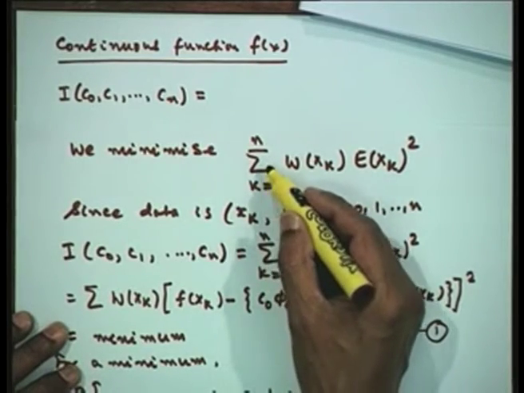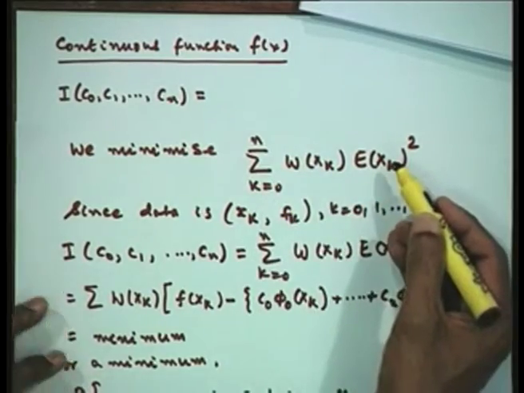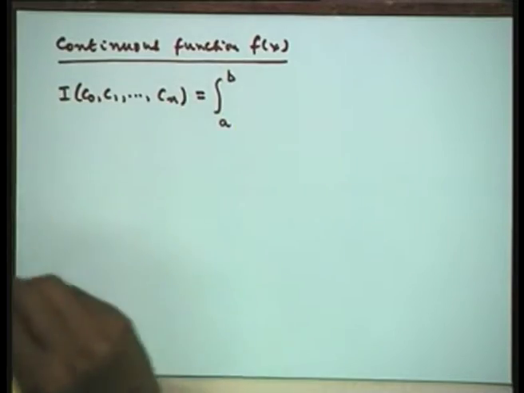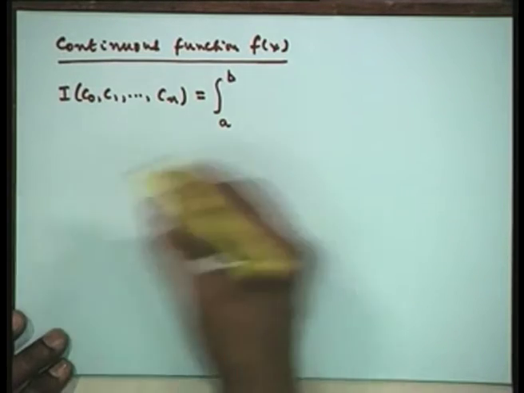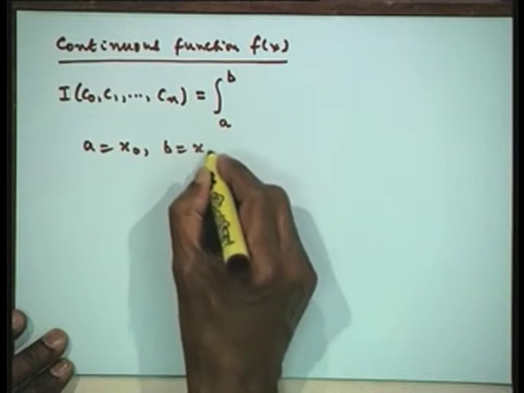If you change the summation to the integral for continuous functions, this will simply be in an integral form. So, we will convert this into an integral form over the given interval a to b, where a is your first point x0 and b is your last point xn.